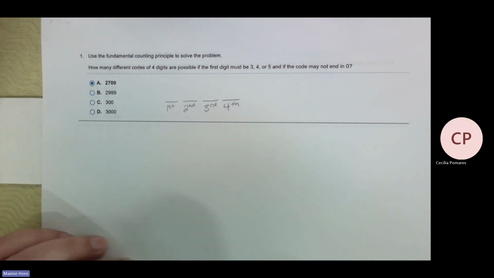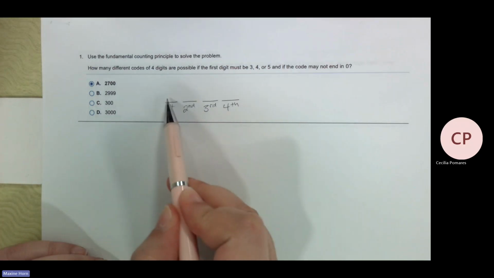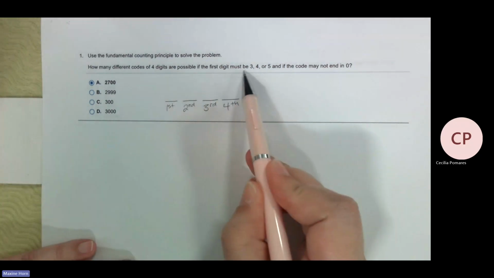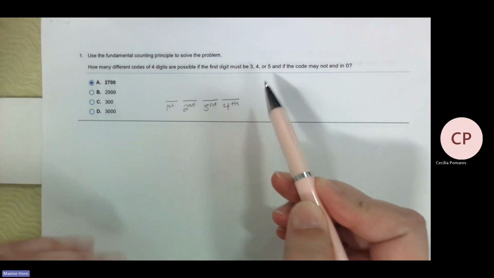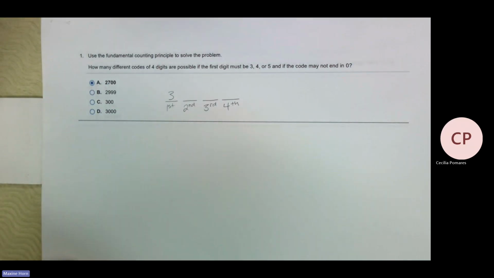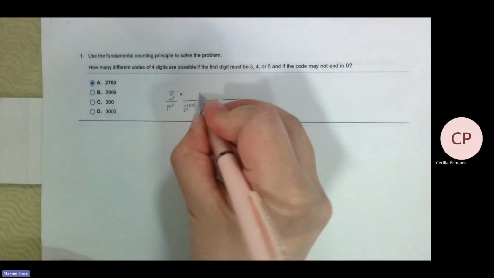So we're going to go through and say, okay, how many different options do I have for the first digit? It said that the first digit must be a 3, 4, or 5. Okay, 3, 4, or 5, that's only 3 options. So I only have 3 options for the first digit. I'm going to be multiplying all of these together, so I should probably write that in now.